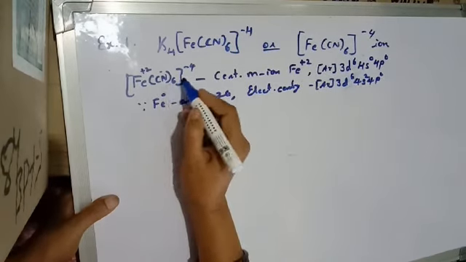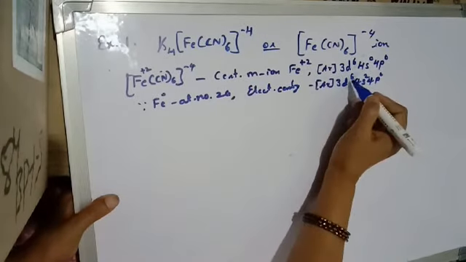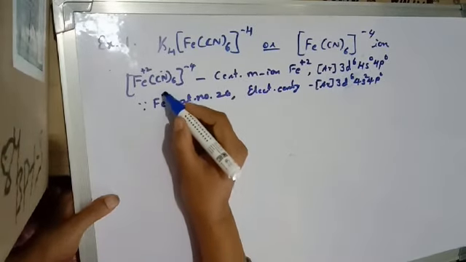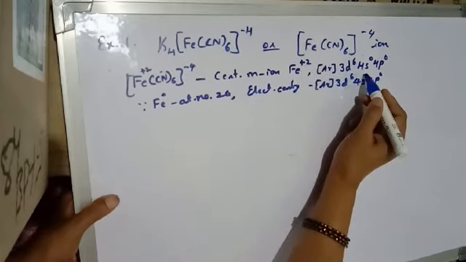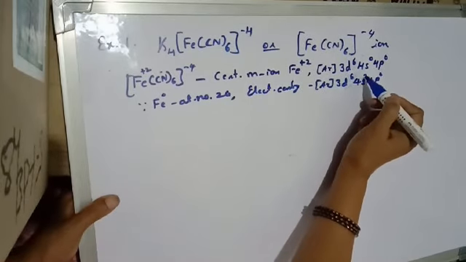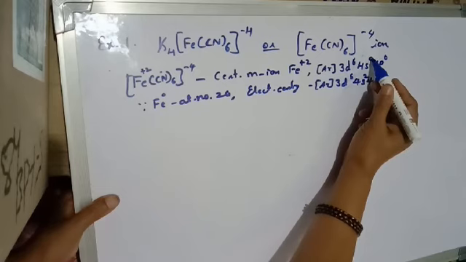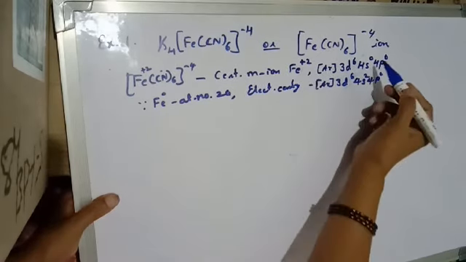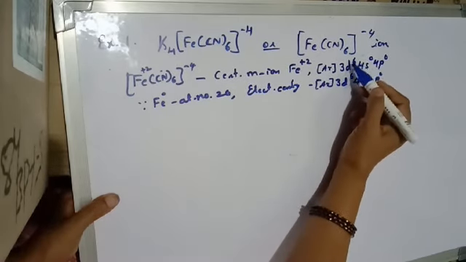But in the complex ion, Fe is in the +2 state. That means Fe has lost 2 electrons, so the electronic configuration of Fe2+ is 4s0 3d6.